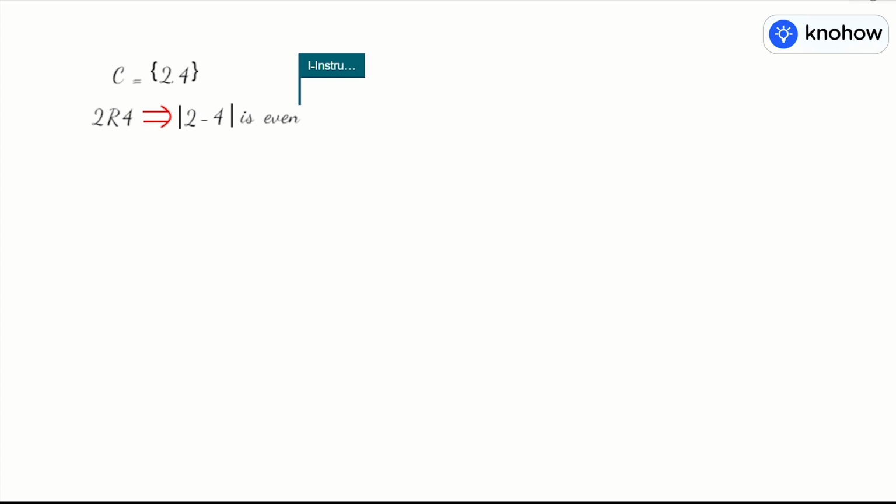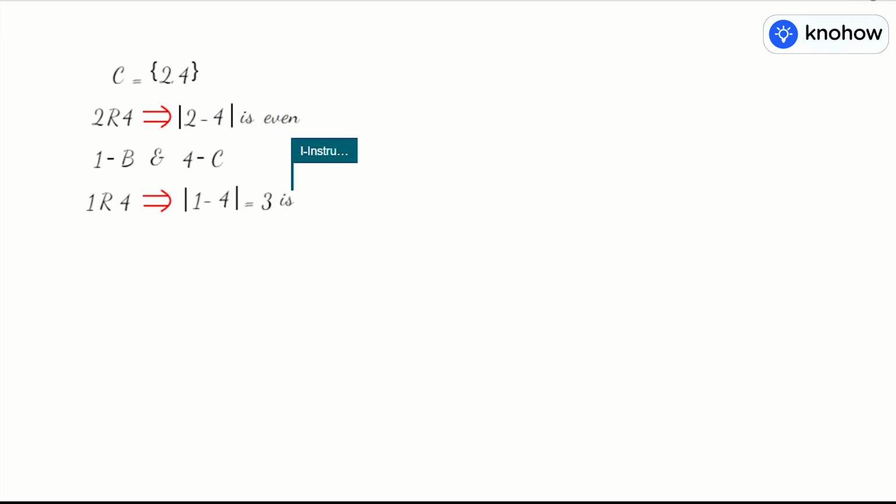But what if I take an element, say 1 belonging to B, and let me take an element, say 2, or better you take 4 belonging to C. Check whether 1 is related to 4 or not. 1 related to 4 would mean that modulus of 1 minus 4, that is 3, is even, which is wrong.